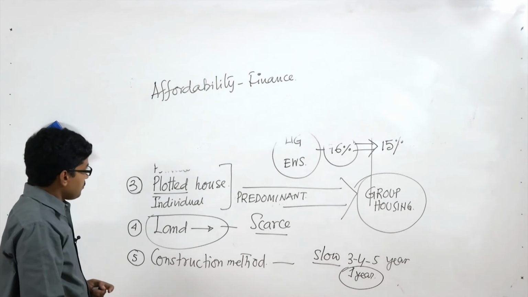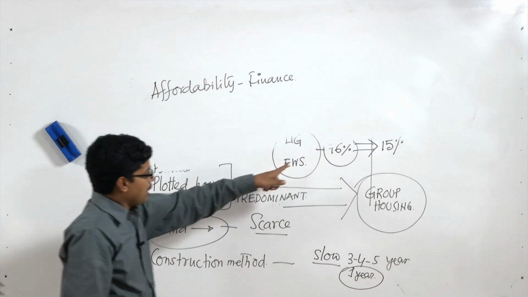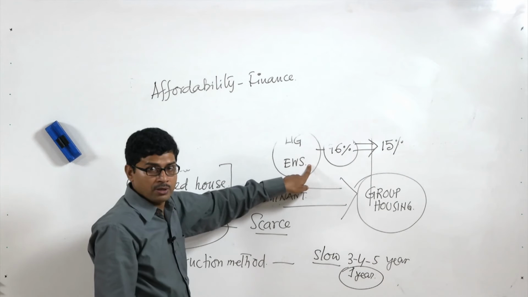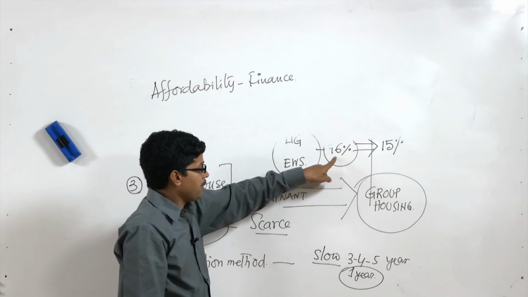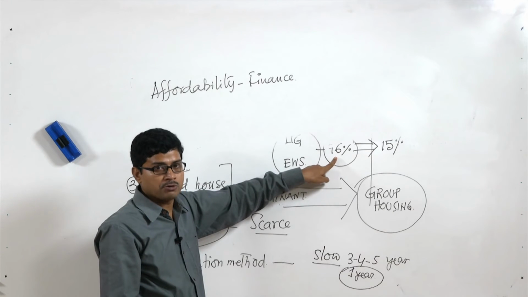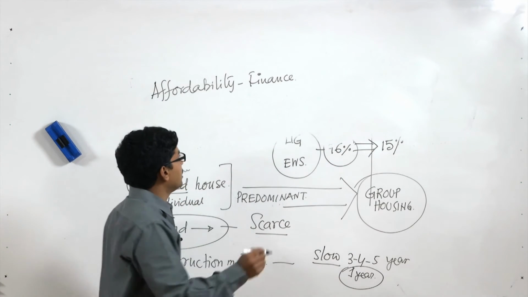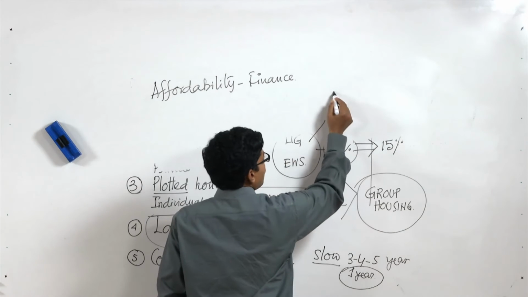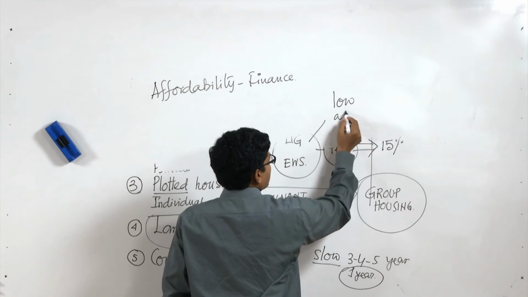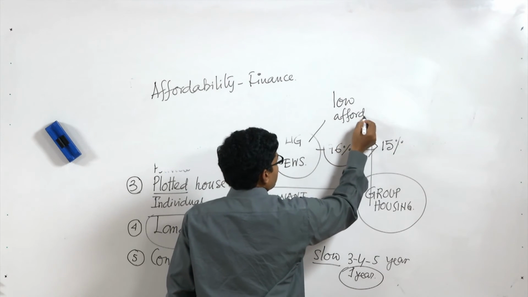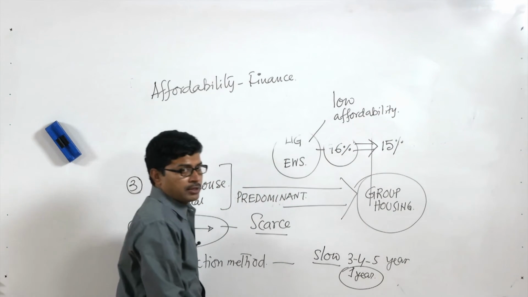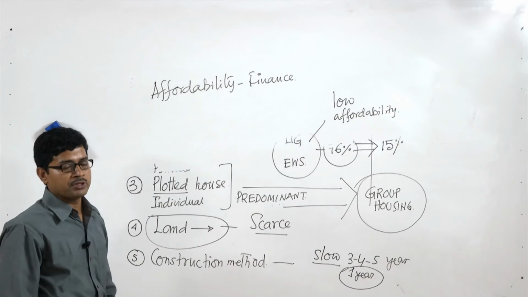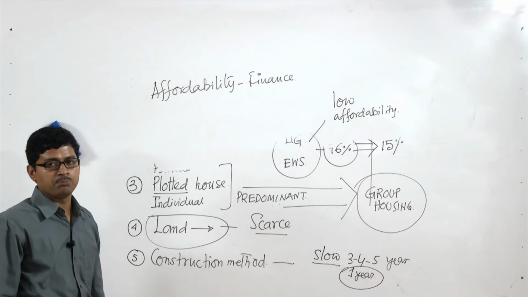Now, since I have told that LIG and EWS people, lower income group people and economically weaker section people, have 96% of the total housing shortage. On the other hand, they have very low affordability, because the money they earn per day they usually spend for their daily living, food and other basic requirements.